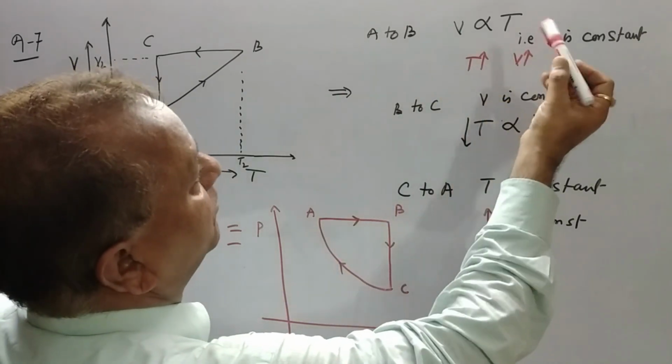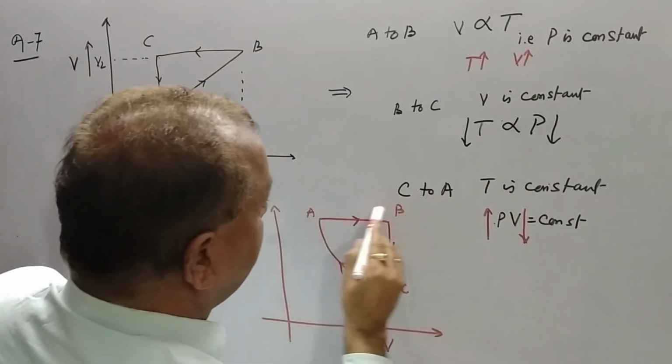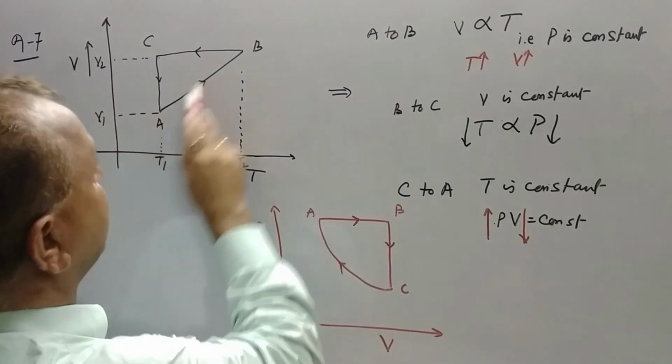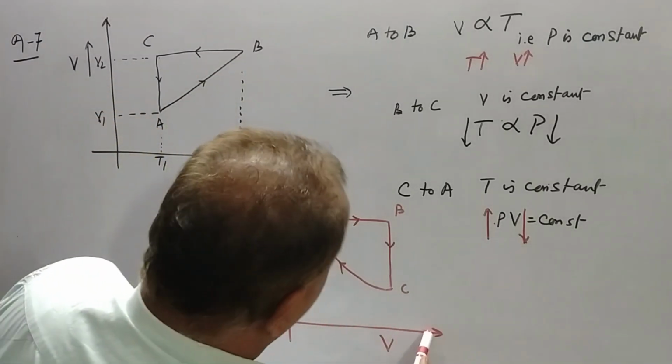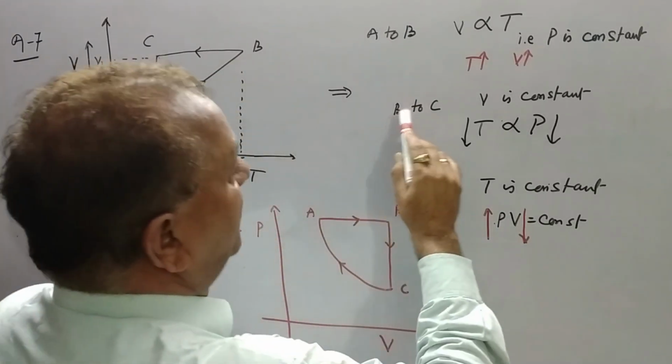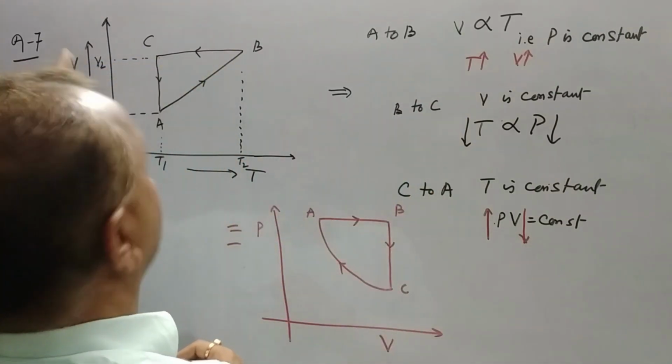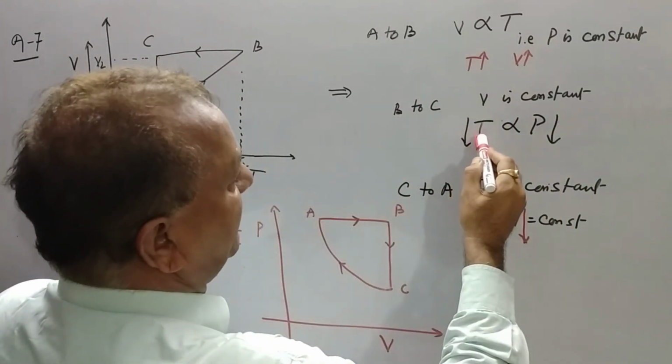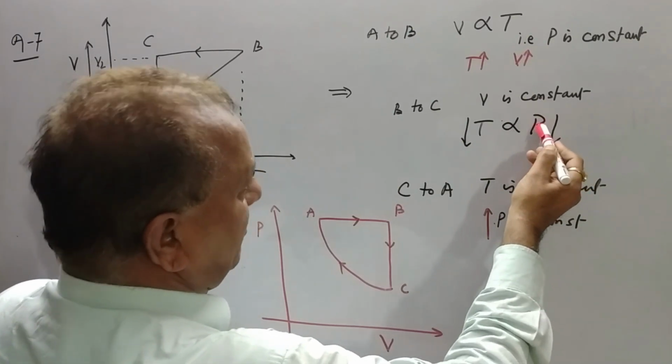From A to B, temperature increases, therefore volume also increases. So P is constant, and volume increases from V1 to V2. From B to C, volume is constant, therefore temperature should be proportional to pressure.